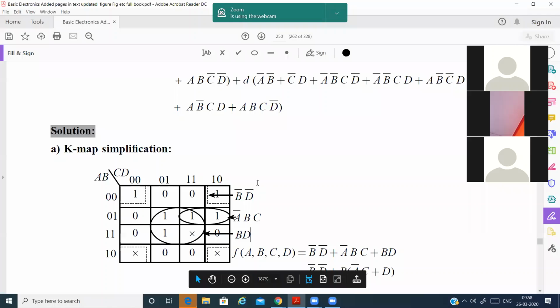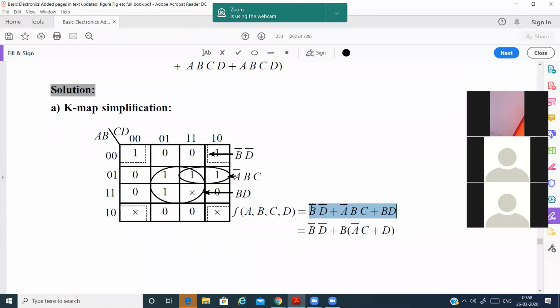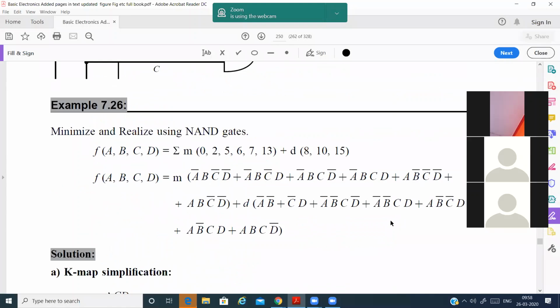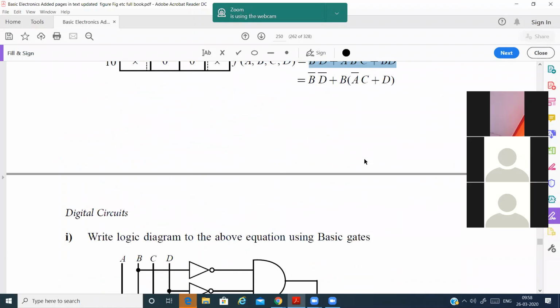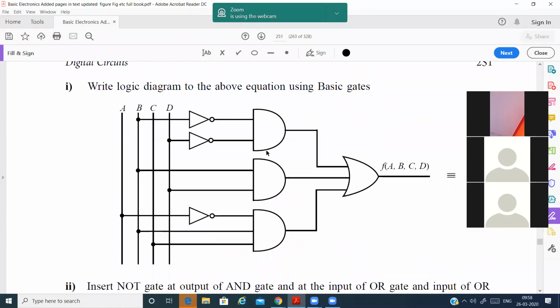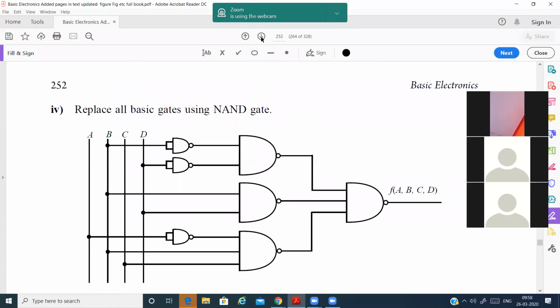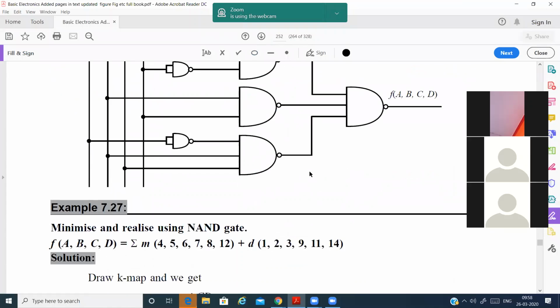So f of A, B, C, D is equal to B bar D bar plus A bar B C plus B D. This is the equation we will get. After getting this equation, I have to realize it with NAND gates. The same procedure, whatever we have done now, we have to do it again.